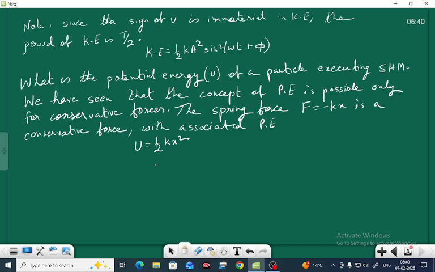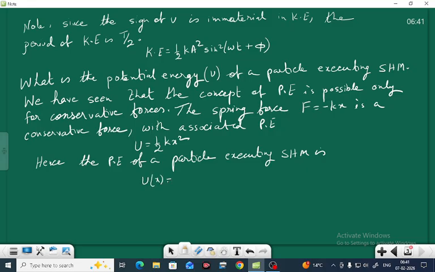Hence the potential energy of a particle executing simple harmonic motion is Ux depends on x, equal to half kx square.